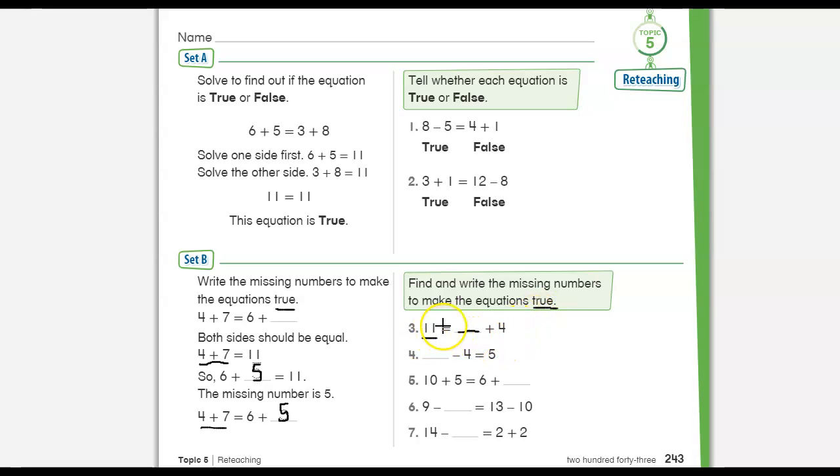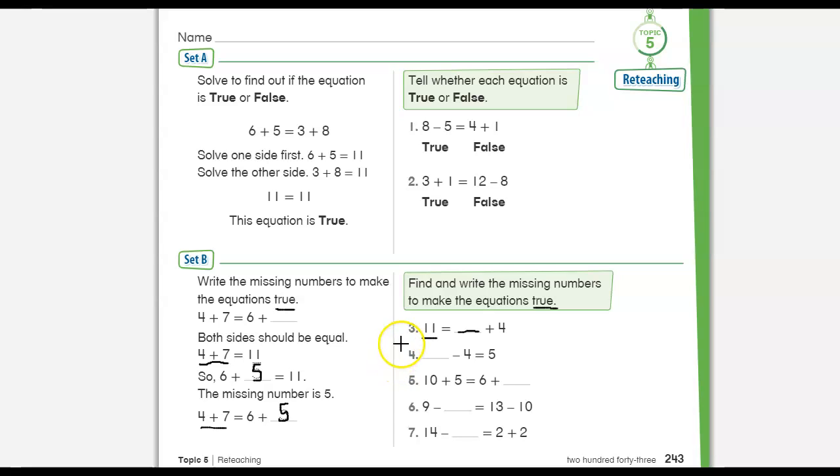So both sides of the equal sign have to be the same. So blank plus 4 is equal to 11. So what would be our missing number in the blank for number 3? What number plus 4 would equal 11?